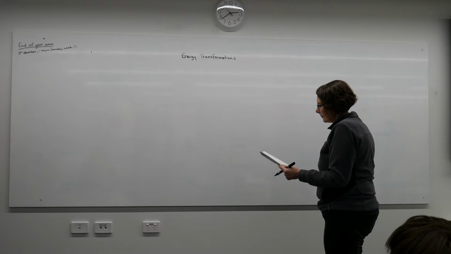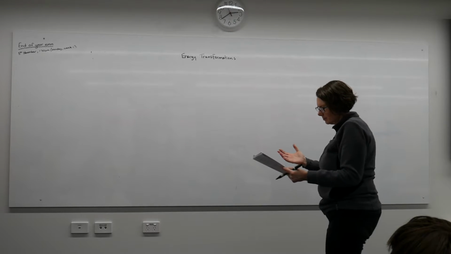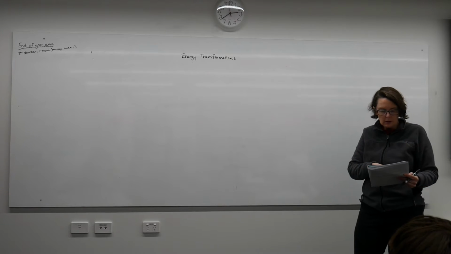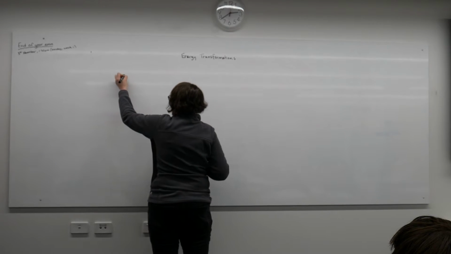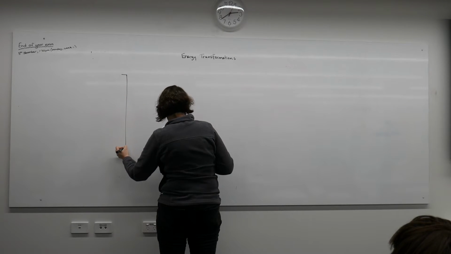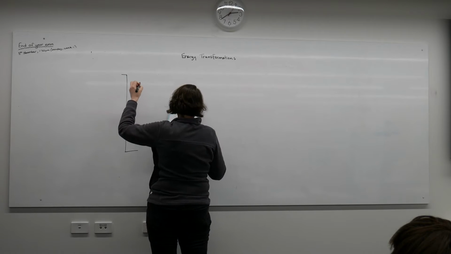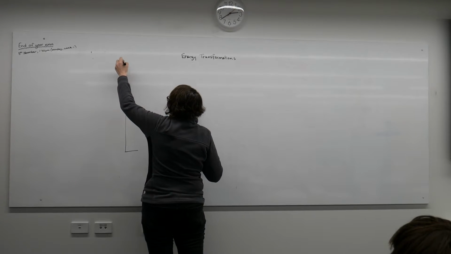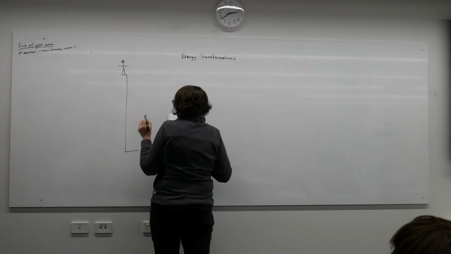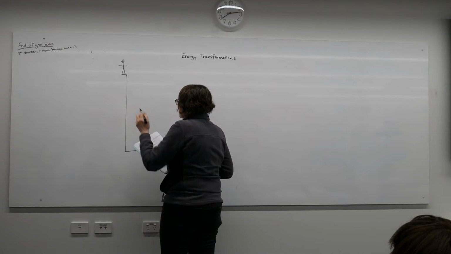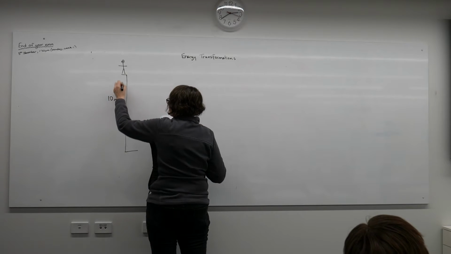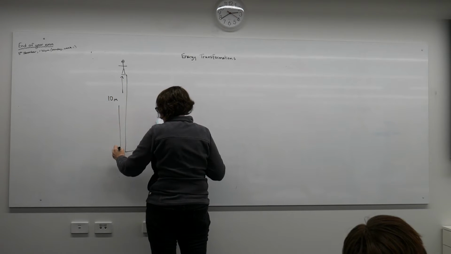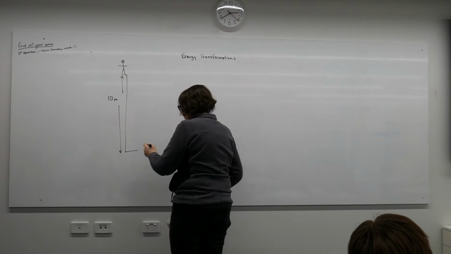And then this one is a larger example, and it's a diver. So she starts out up here, and this is a 10-metre platform, and then she ends up in the water.